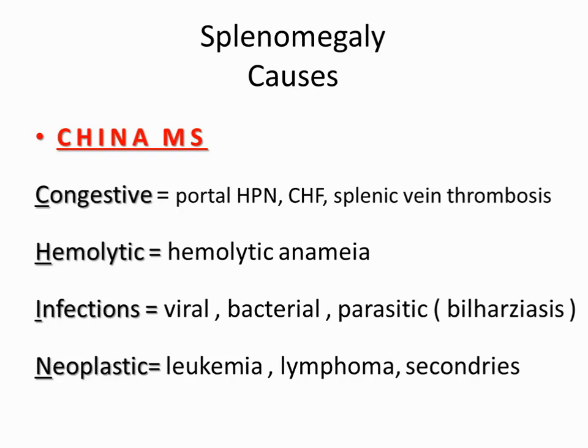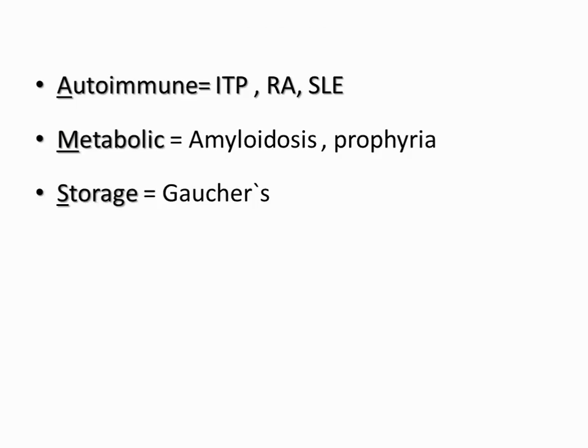Then hemolytic anemia, as in thalassemia; leukemia, which descends to the left iliac fossa; and lymphoma, with huge enlargement of the spleen. Autoimmune like ITP, rheumatoid arthritis, systemic lupus, and storage diseases like Gaucher disease.